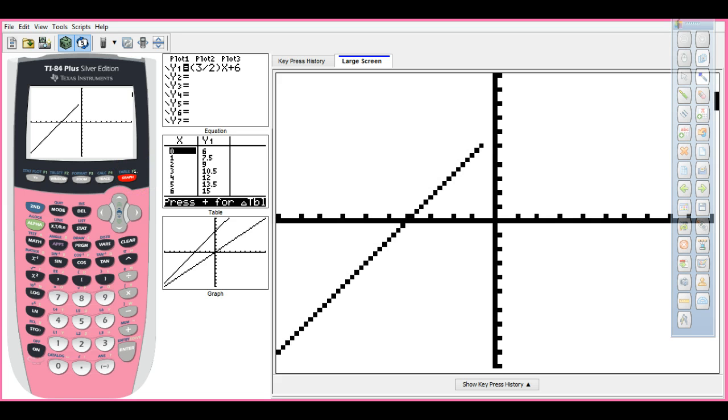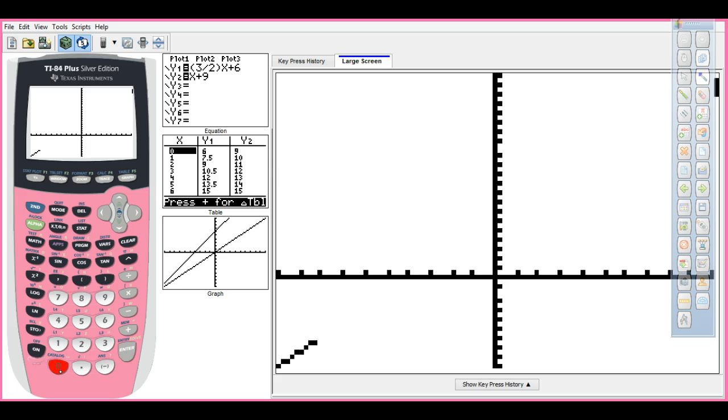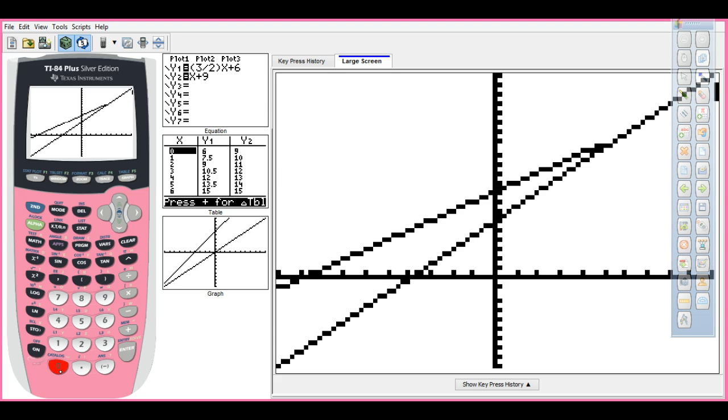When we graph that, okay, it doesn't show up on our screen, so we need to hit zoom 0. And it puts it on our screen. Now we can hit our second calculate.